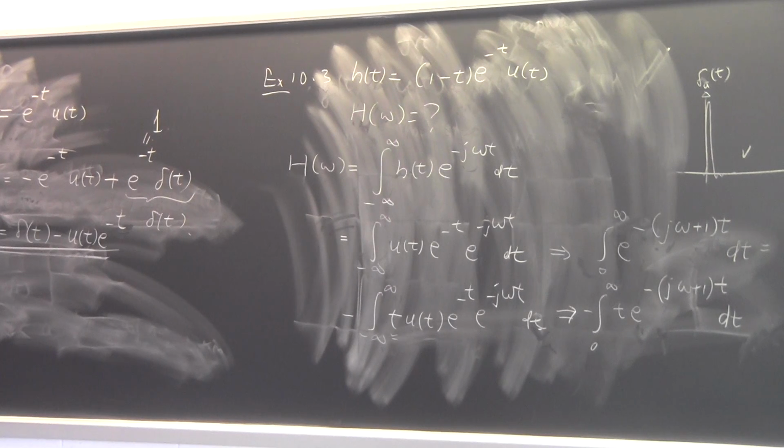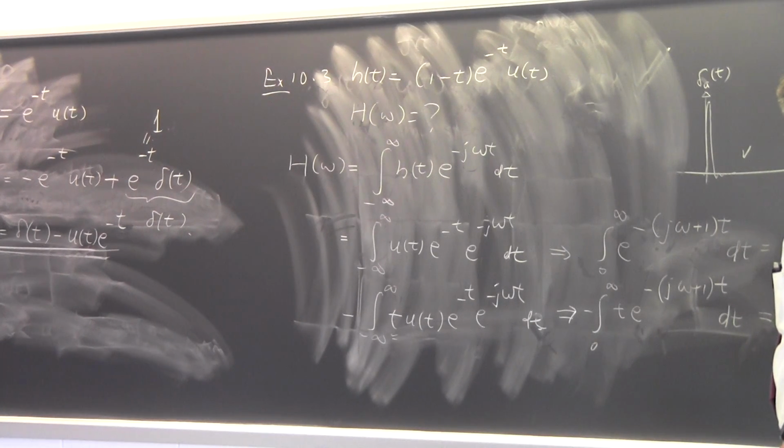Why don't you use properties? We know that differentiation in time domain is multiplication by j omega. So multiplication by t in time domain should be differentiation in frequency domain. Yes, you can also invoke that property. That would be a more straightforward way of doing it.